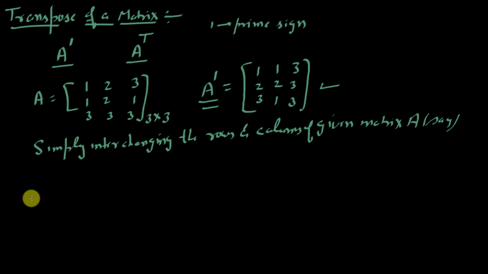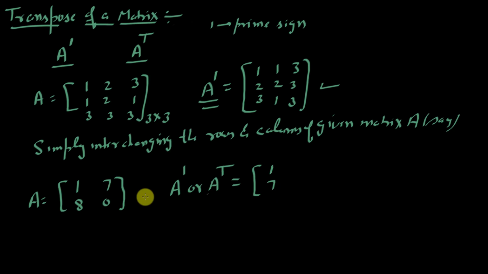Like we do another transpose of a 2 by 2, simpler, 1 7, 8 0, and we are required to find its A transpose. It is represented by A transpose, or it is also represented by AT or A prime. Now I'm going to make the rows as columns. 1 7 is first row, it will become the first column. 8 0 is the second row, it will become the second column.